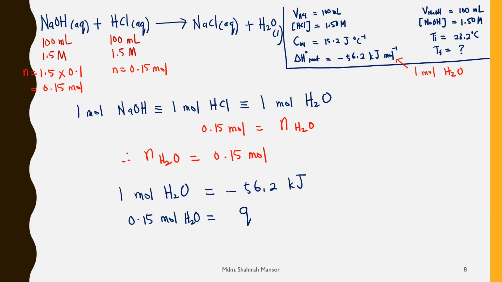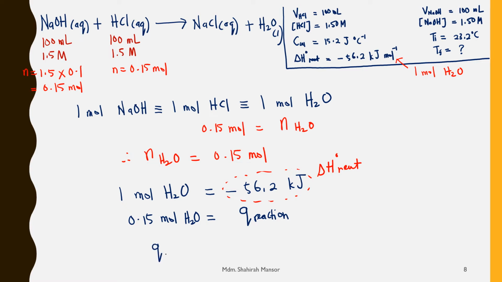Okay, so Q here akan merujuk kepada Q reaction. Alright, so ini nilai apa tadi? Ini adalah nilai delta H neutralization. Okay, which means dia merujuk kepada 1 mole. So bila awak nak cari untuk nilai heat yang bukan pada 1 mole, itu merujuk kepada Q reaction. Alright, next. Darab silang lah.